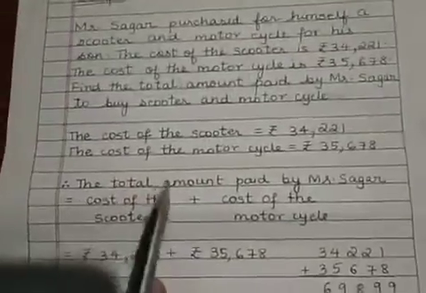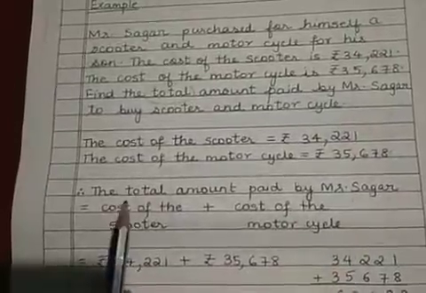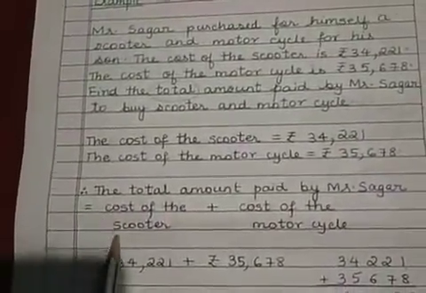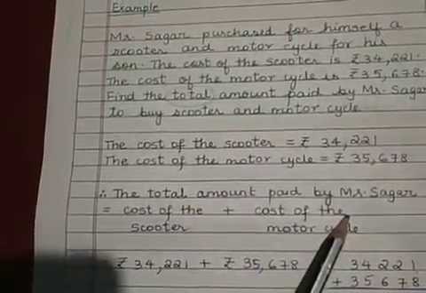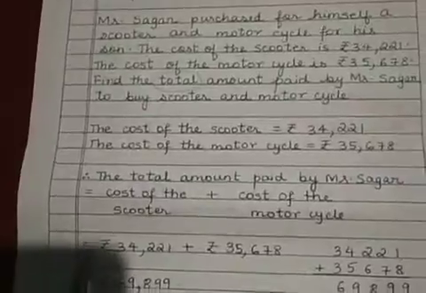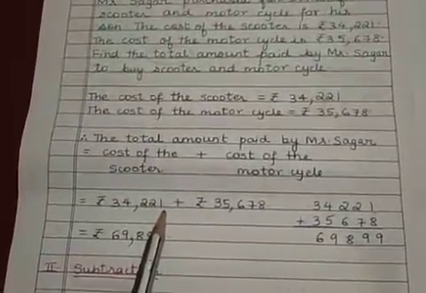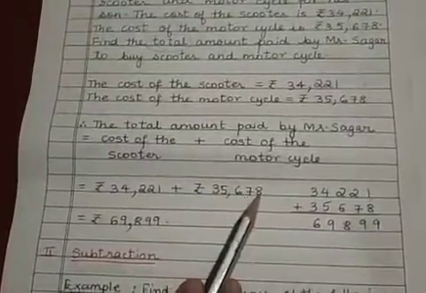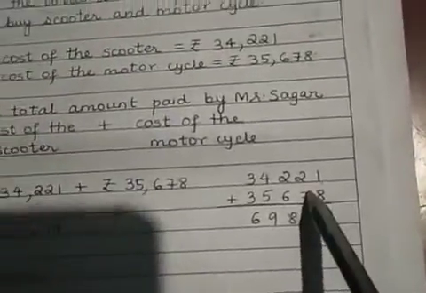So what is the total amount paid by Mr. Sagar? The total amount paid by Mr. Sagar will be cost of the scooter plus cost of the motorcycle, right? And it is equal to 34,221 plus 35,678. So let us perform the addition.